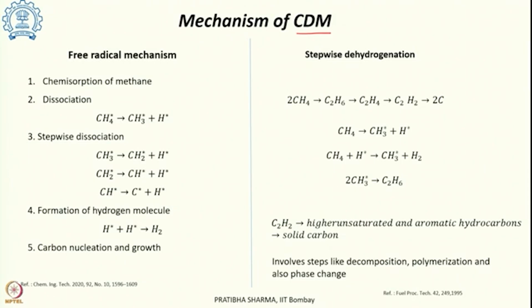The steps involved are: methane, the reactant, gets chemisorbed on the surface of the catalyst, and thereafter it undergoes a series of steps, primarily a dissociation step wherein it dissociates to a methyl radical and H, and thereafter in different steps it further dissociates, producing CH2 radical, CH radical and C.